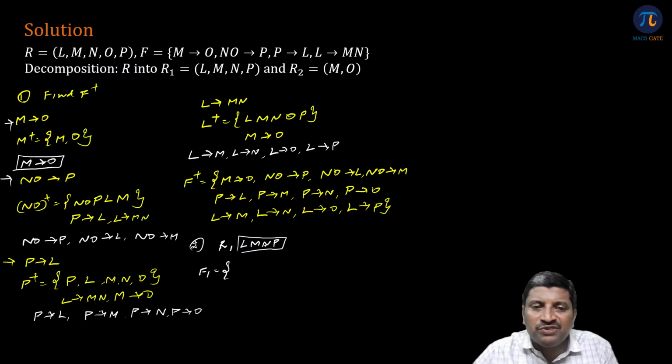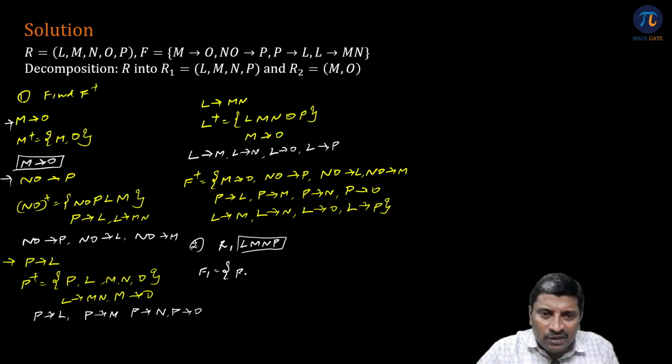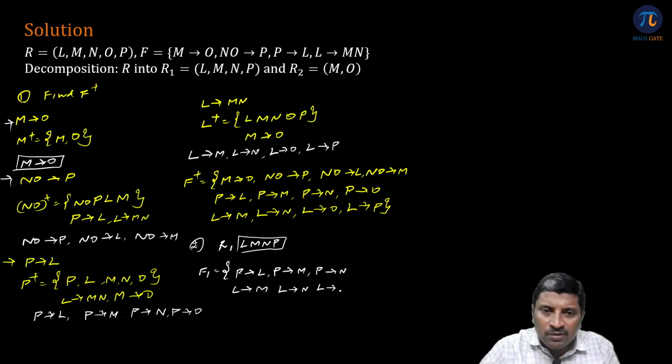Write the FDs which consist of only these four. M goes to O, I should not write. NO, I should not write. P goes to L, I can write. P goes to M, P goes to N, P goes to O, we should not write. Then L goes to M, L goes to N, L goes to P.